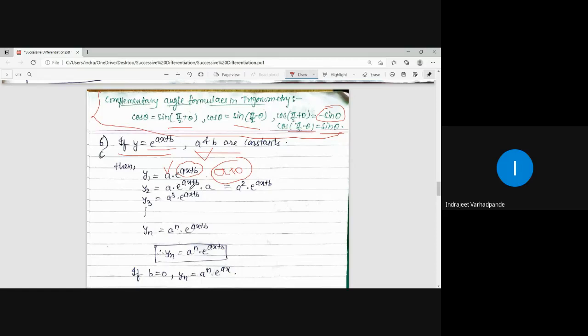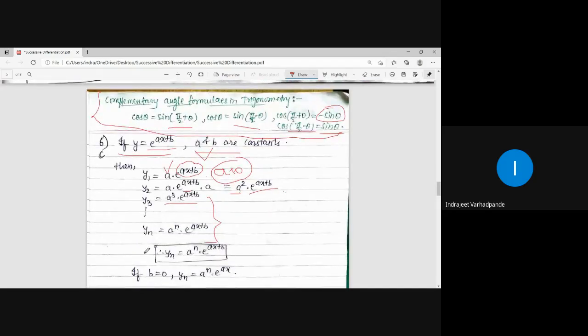A as it is, derivative of this is e to the power ax plus b into a. So a into a is a square, and I get a square into e to the power ax plus b. Again you differentiate: e to the power ax plus b into a. So a square into a becomes a cube. So it is very simple to generalize.